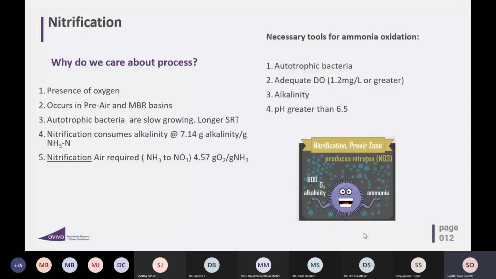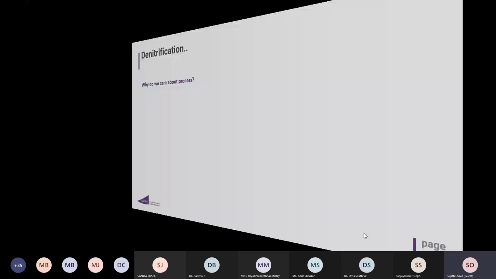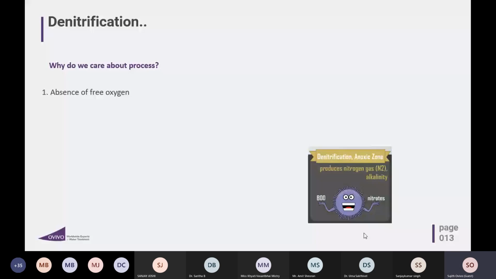You need to balance BOD, oxygen, and the ammonia part of it. And what is denitrification, and why do we care about this process? Usually denitrification happens in the absence of free oxygen. If you remember the previous slides, there was an anoxic basin, and in the anoxic basin, denitrification happens.